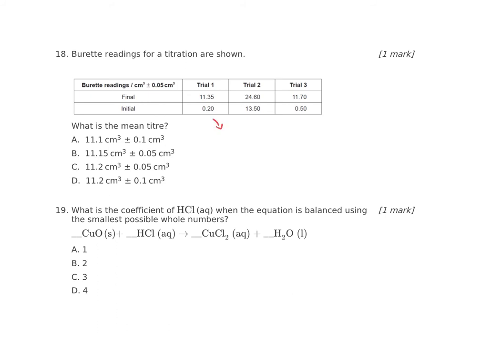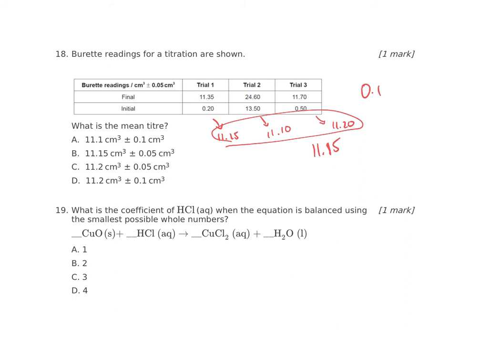So 11.35 minus 0.2 is going to be 1.5. 24.60 minus 13.50 is going to be 0.10. That's 11. And then 11.20. So obviously the mean of those 3 numbers, they're all concordant because they're all within 0.01 of each other. So we can use all 3. The mean is obviously going to be 11.15.